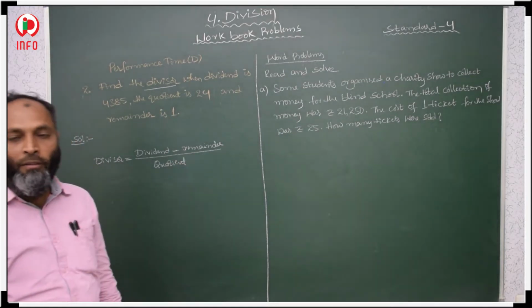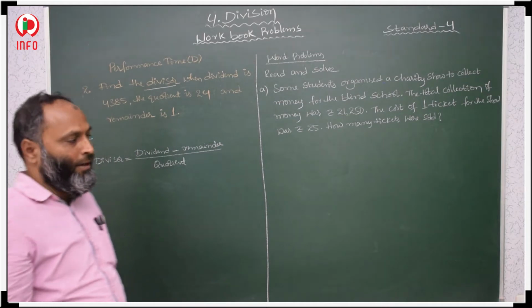We have to take dividend minus remainder divided by quotient.